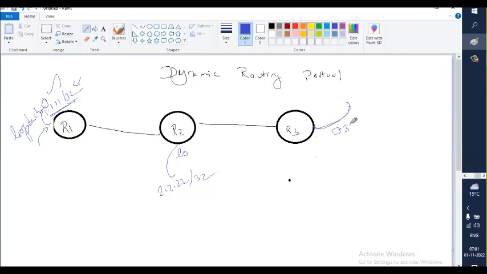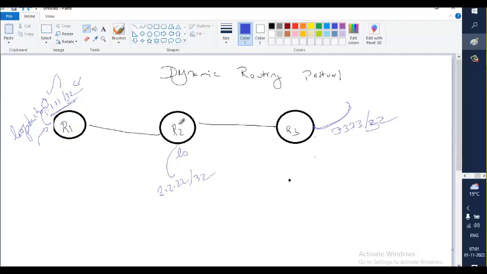So don't think I'm just drawing like that. That's the usual way of drawing a loopback. If I want another loopback, I'll draw like this, a bent line, not a straight line. Okay, these are the loopback interfaces of the 3 routers and the IP addresses.